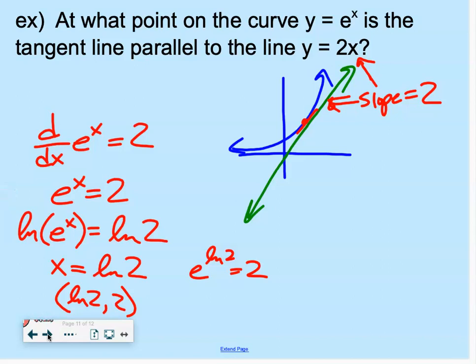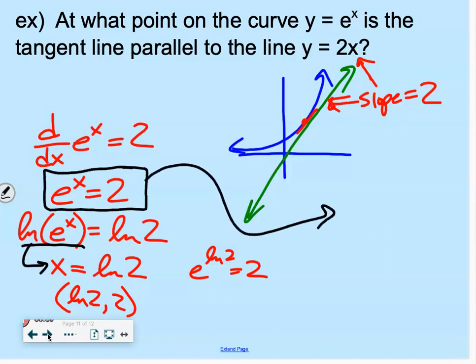If you're confused about why the ln of e to the x goes to x, there's another way you can approach this. You can write an exponential in logarithmic form. You would write log base something of something equals something. The base of the exponential is always the base of the log.